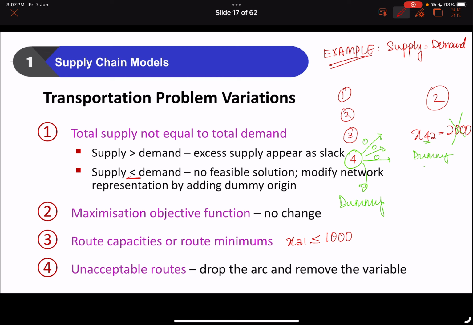And then finally, establishing a route from every origin to every destination may not be possible. So let's say, for example, we cannot ship from Cleveland to St. Louis because of a broken bridge. There are transportation issues between Cleveland and St. Louis.